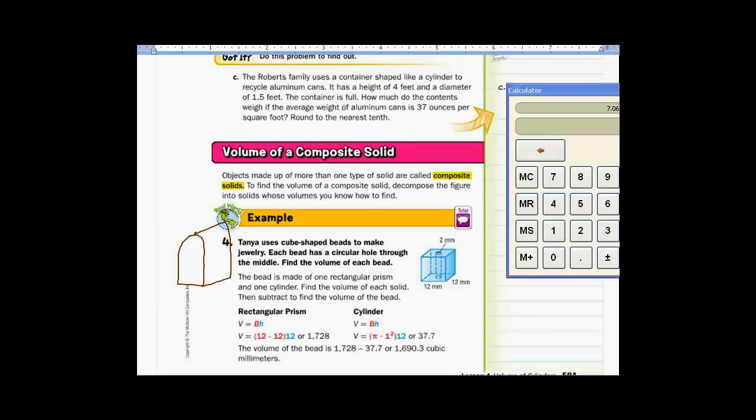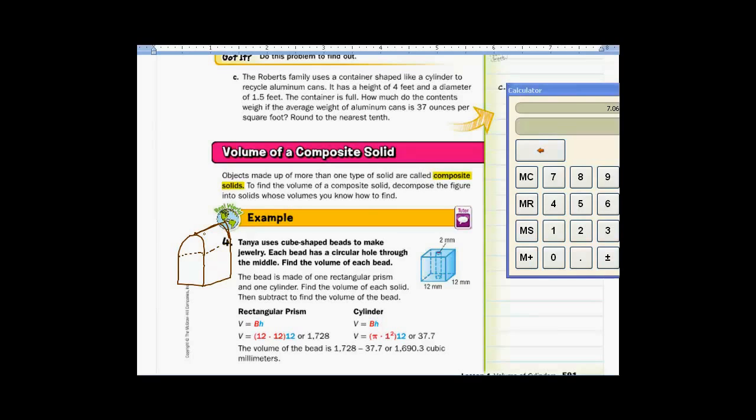Please don't judge my artwork. Okay, so really what is that? We'll be doing this one in the next example. So you've got a rectangular prism and then half of a cylinder kind of smacked on top of it. So those things are composite, made of more than one shape.